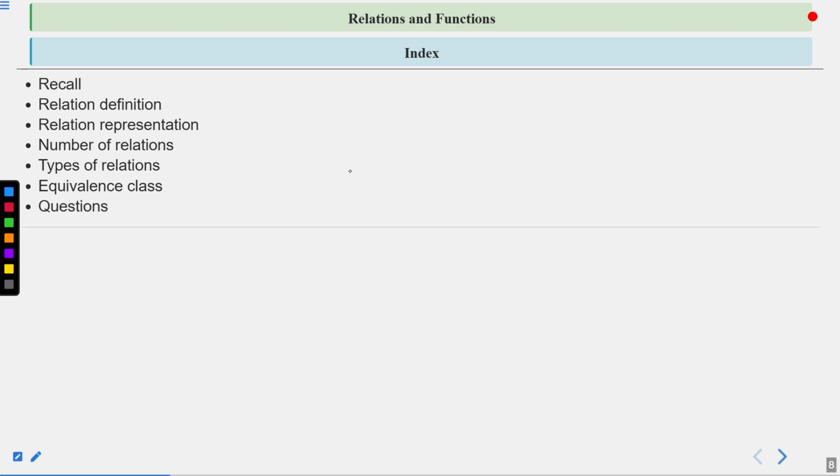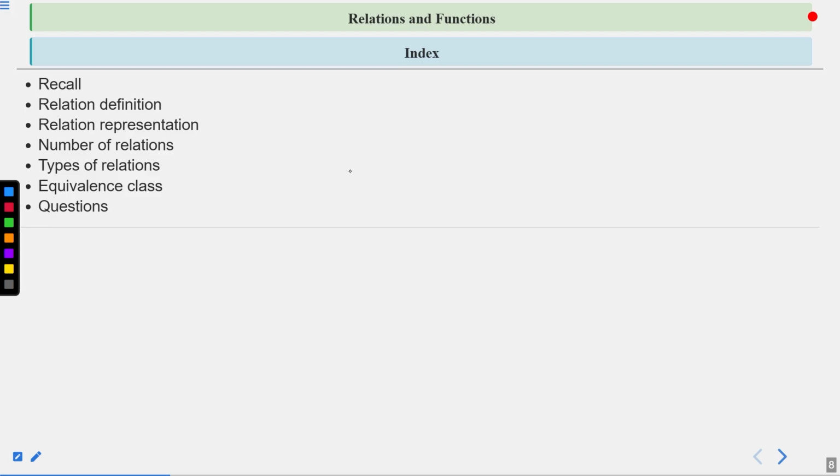Then we will see some questions based on this theory, through which we can recall, memorize, and see how we grasp the theory.